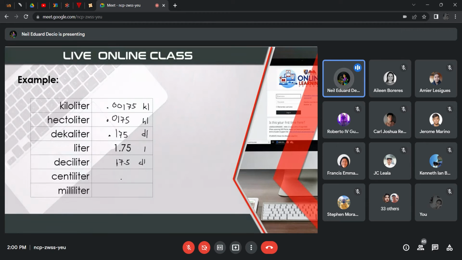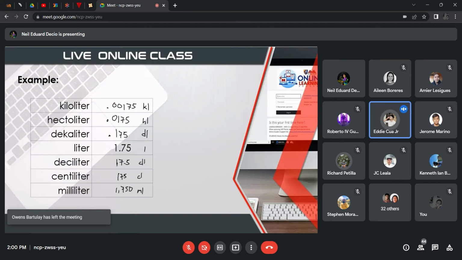For centiliter, 175 centiliter, and then of course for milliliter that's 1,750 ml. Yan.